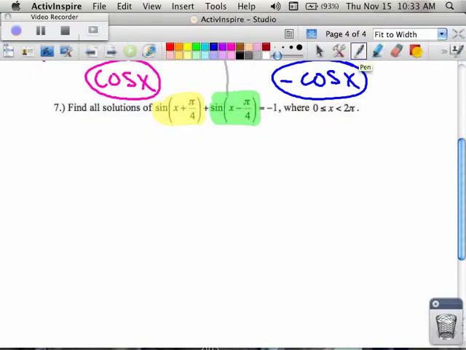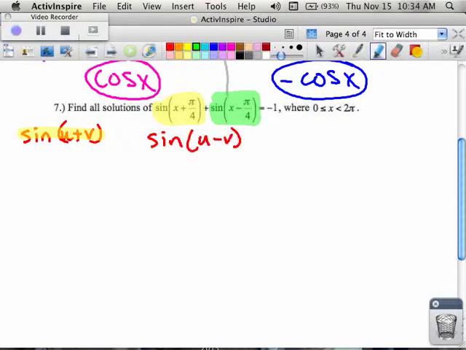That means I have 2 different formulas: the sine of u plus v, the yellow highlighted one, and the sine of u minus v, the green highlighted one. And you're adding those 2 things together to get negative 1.